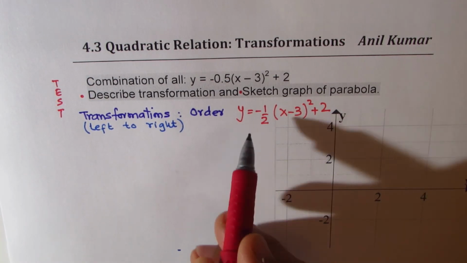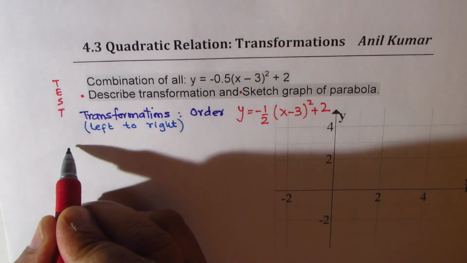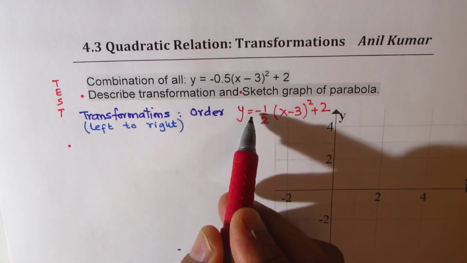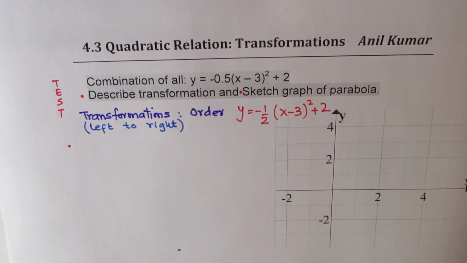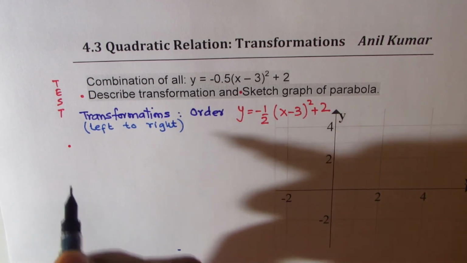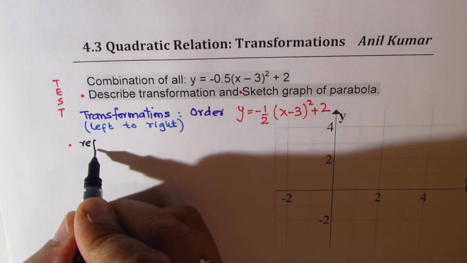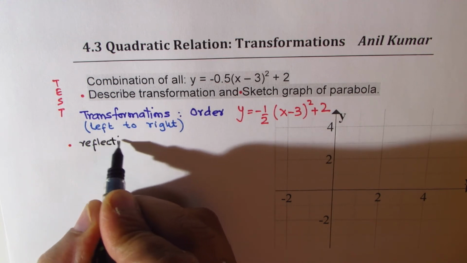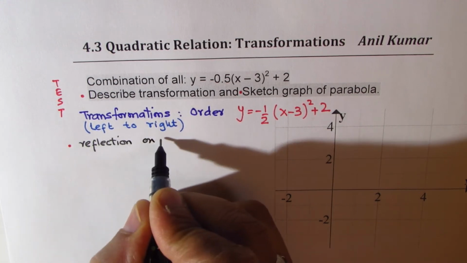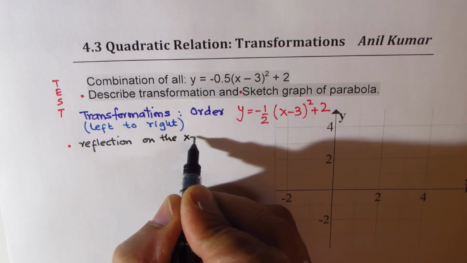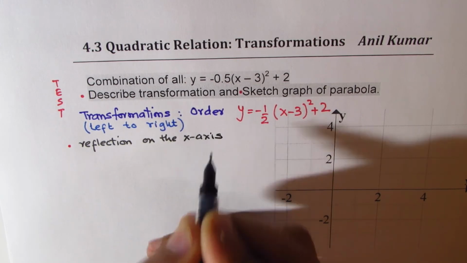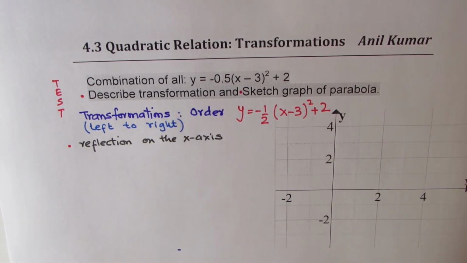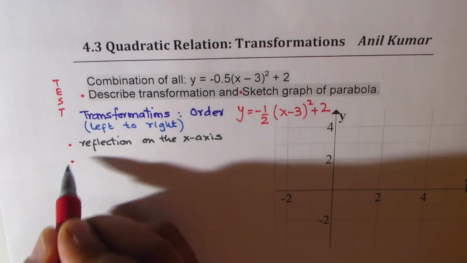So moving from left to right, the first thing you encounter is the minus itself. What will that indicate? This minus indicates the reflection on the x-axis. The next point is half.